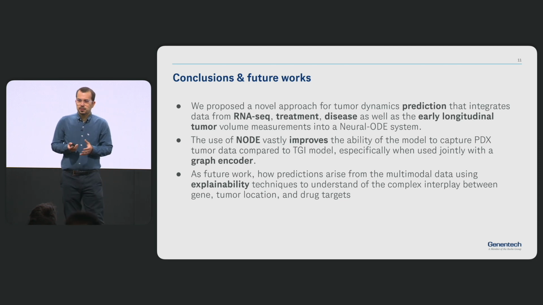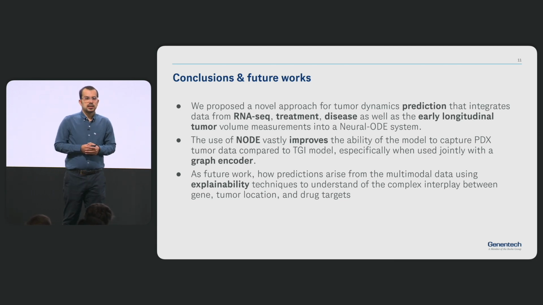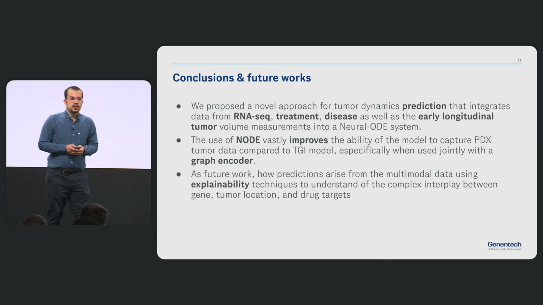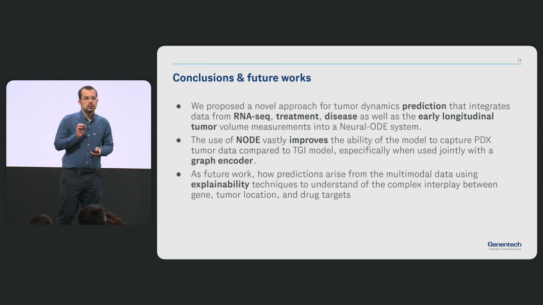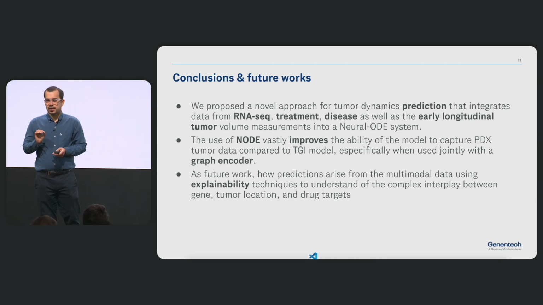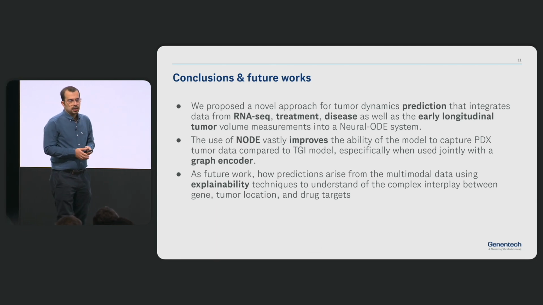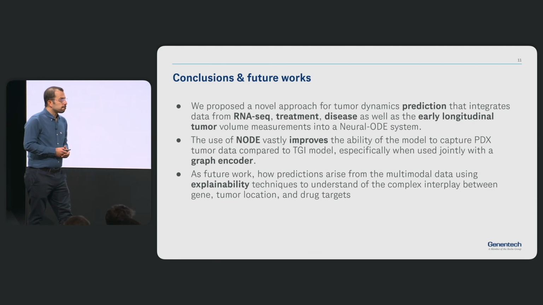For future work, we are planning to work on interpretability and see if, given the tumor location and the drug target that we have, we can identify the right gene that the drug is targeting. So that's it.